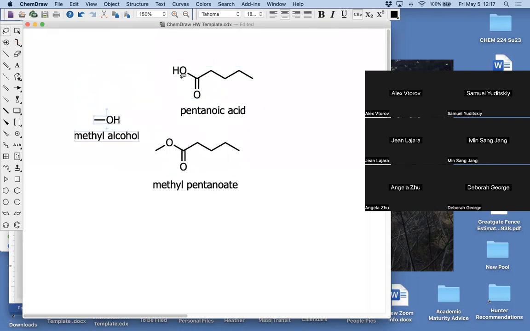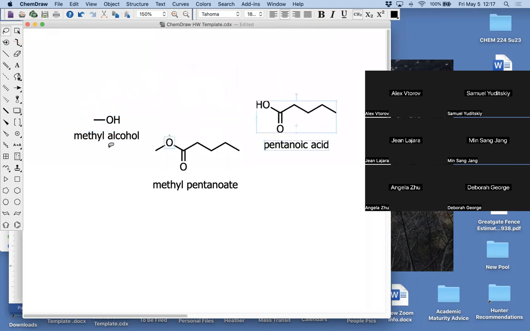So I have methyl alcohol making an ester with pentanoic acid. And so the methyl of methyl pentanoate can be thought of as coming from the methyl in methyl alcohol.